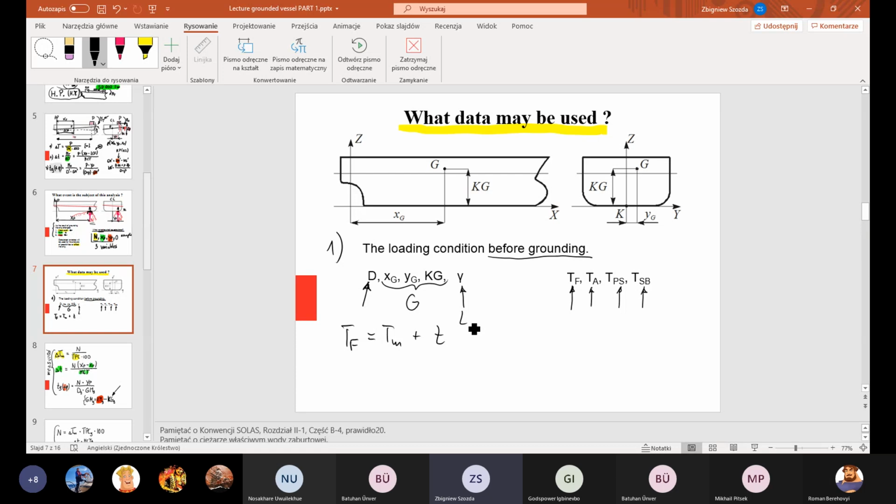Trim is displacement times the distance between the center of gravity and the center of buoyancy, divided by moment to change trim, MCT. So if we know displacement, we may calculate fore and aft draft. Aft draft, TA, will be mean draft minus trim times the relationship LCF above LPP.